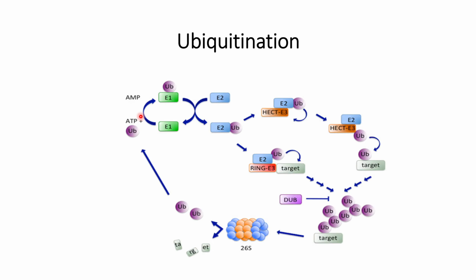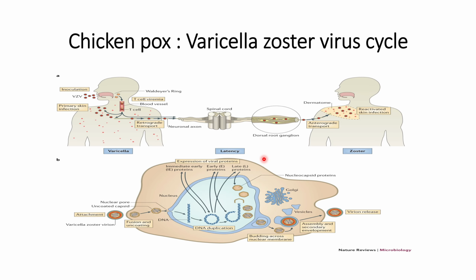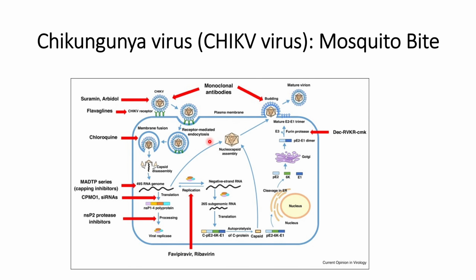The things that are in red mention the possibilities at this step to stop the infection of chikungunya or replication of chikungunya within the cells.